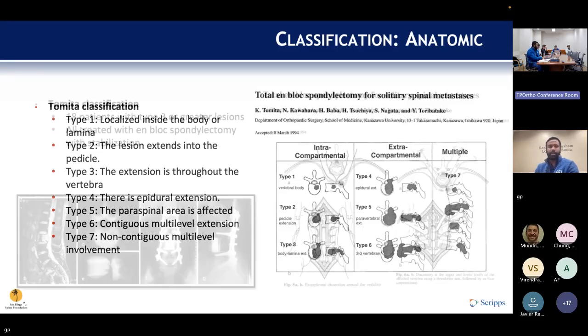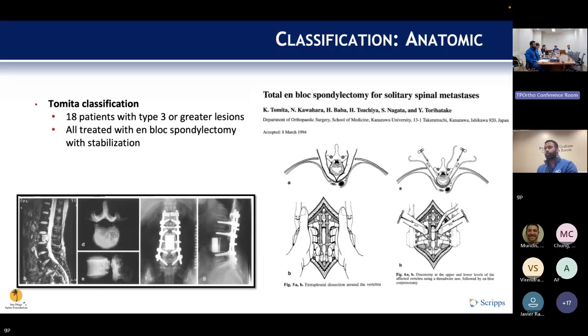In this study, they had 18 patients with type 3 or greater lesions, and these were treated with en bloc spondylectomy. And this paper goes into the technique of that, and you can see these pretty interesting diagrams and explanations of extrapleural dissection and the use of these Tomita saws on the right, from which the classification system is named.